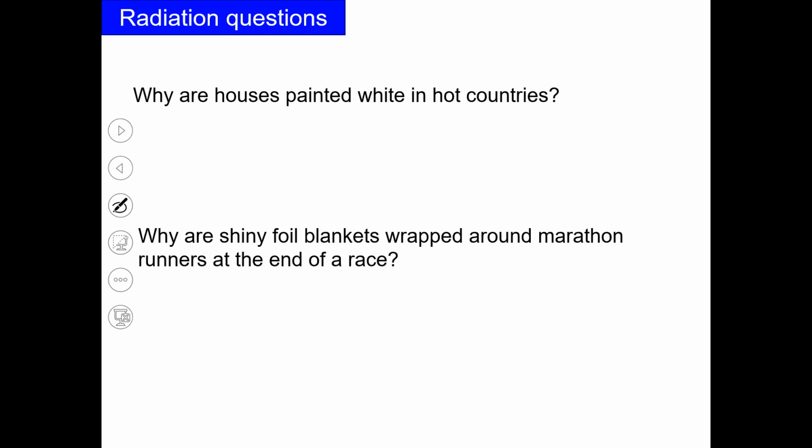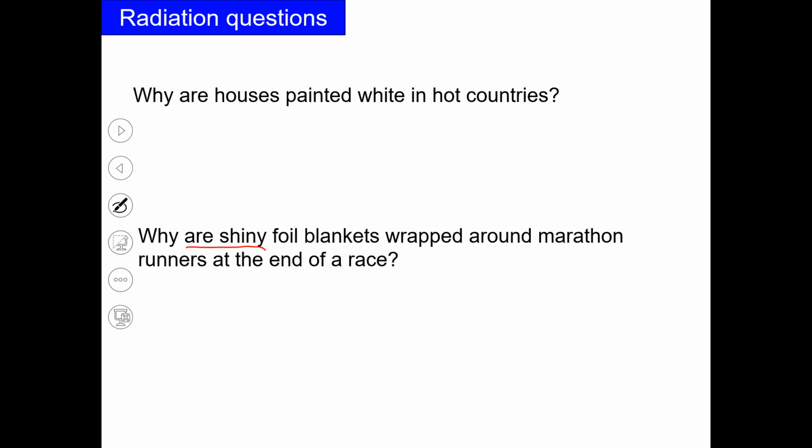Another question, why are shiny foil blankets wrapped around the marathon runner at the end of the race? Think. You have 10 seconds. 5, 4, 3, 2, and time is over.